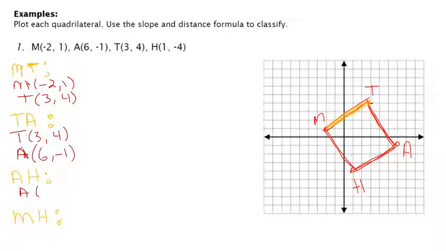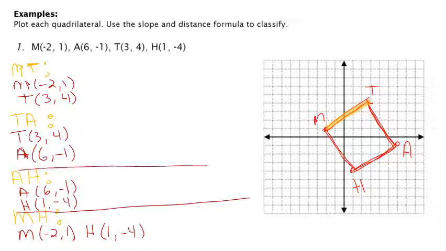AH is 6, negative 1, and 1, negative 4. And then finally, MH is negative 2, 1, and 1, negative 4.